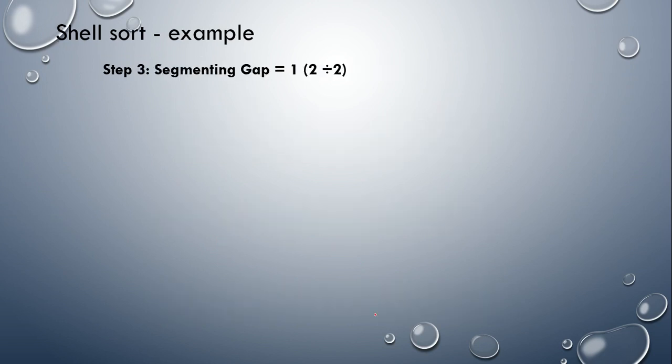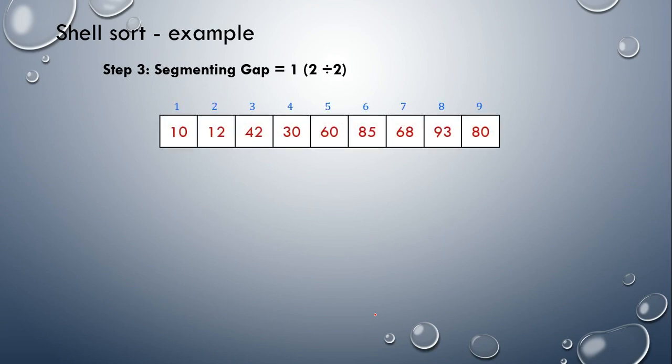Now in the next step, we reduce the gap, that is gap 2 divided by 2. What is the value of gap 2? That is 2. 2 divided by 2 is 1. Now we compare at distance 1. So here all are compared as individual elements. So 10, 12, 42, 30.